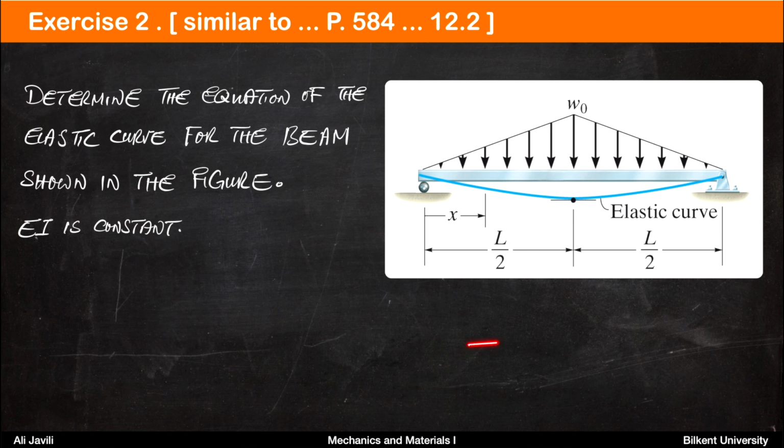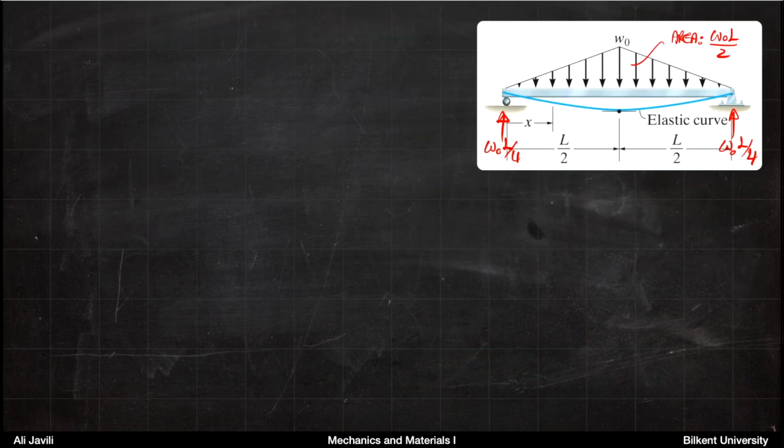So you have a pin here and you have a roller on the left. The key equation here is again EI times the second derivative of deflection equals M. The first thing you need to do is calculate the reactions from the supports.